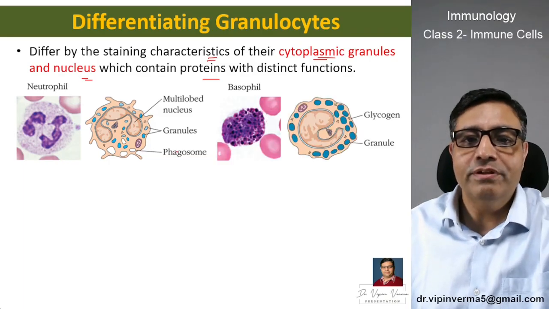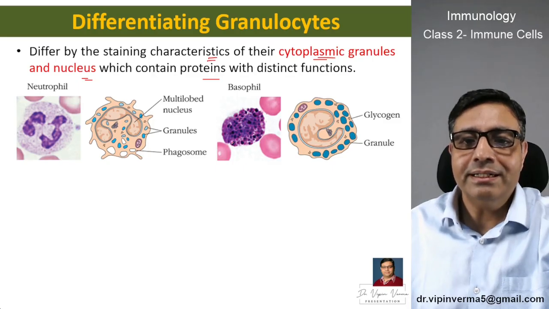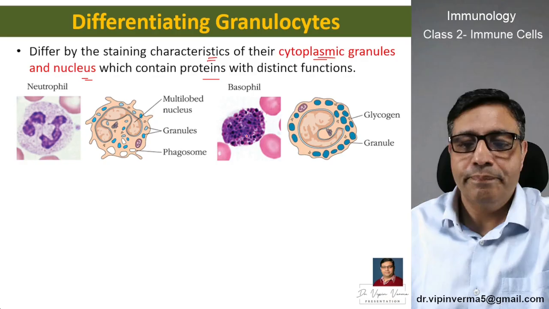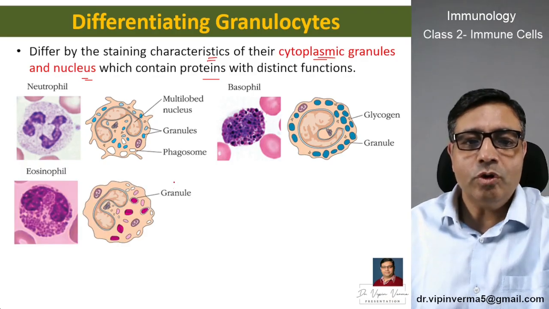Then you have the basophils, and in the basophils you will find that the nucleus has different lobe shapes, and it is filled with these dark stained granules, right? In the case of eosinophils, you will find the granules and the pattern.